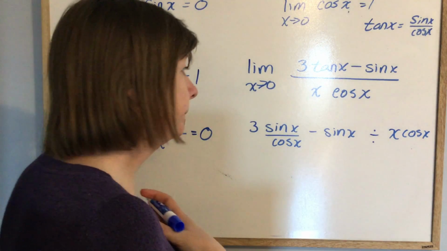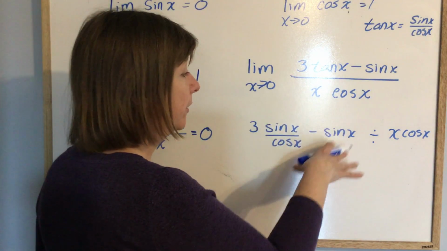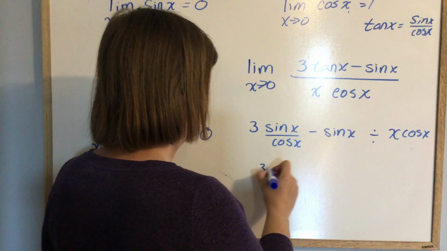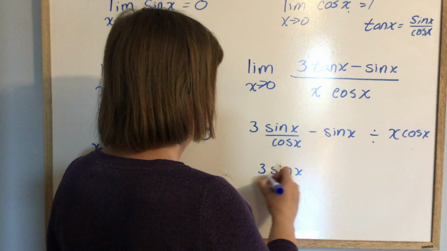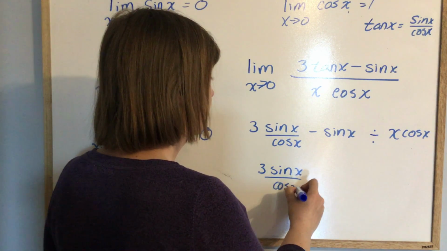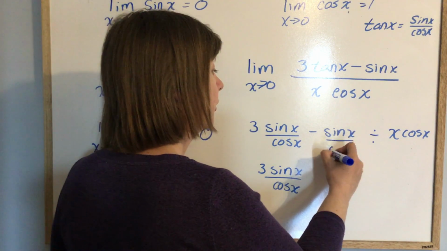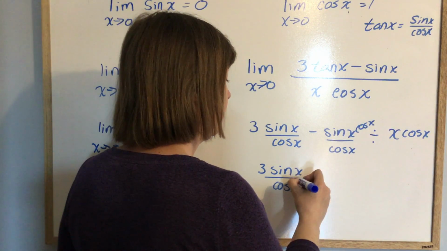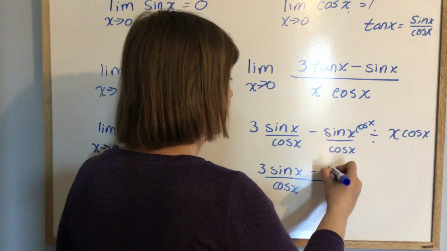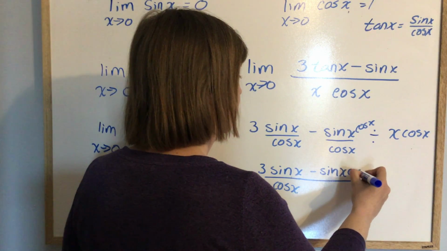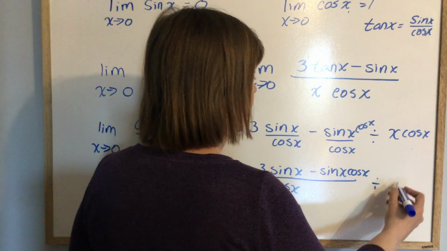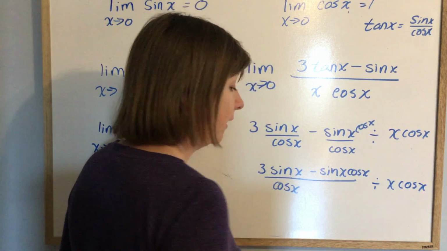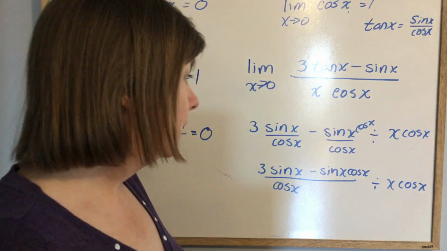Now, to me, I would think about common denominators on the top. So 3 sine x over cos x. I would need a cos x on the bottom here, so I'd have to multiply the top by cos x, so minus sine x cos x, all divided by x cos x.